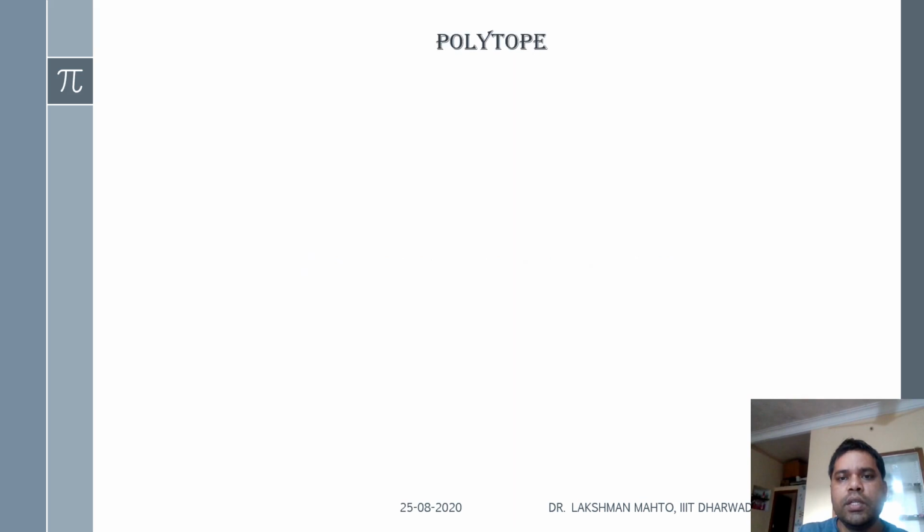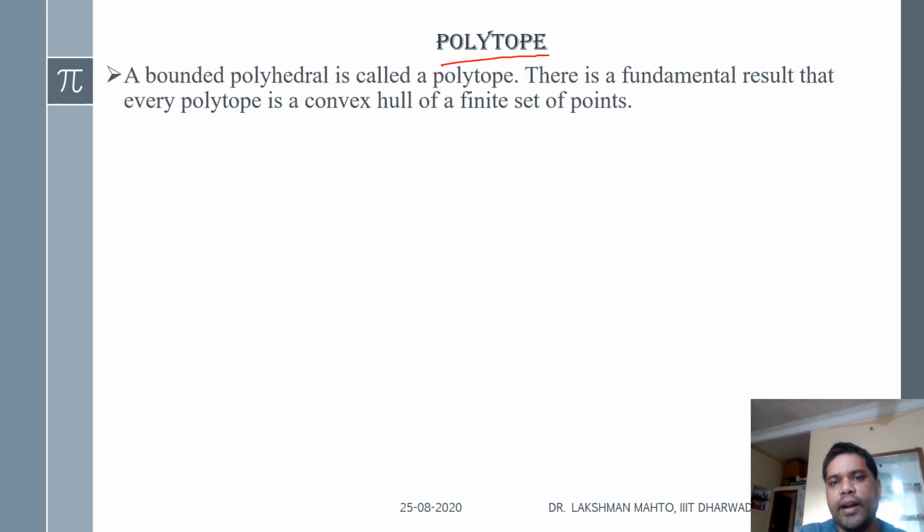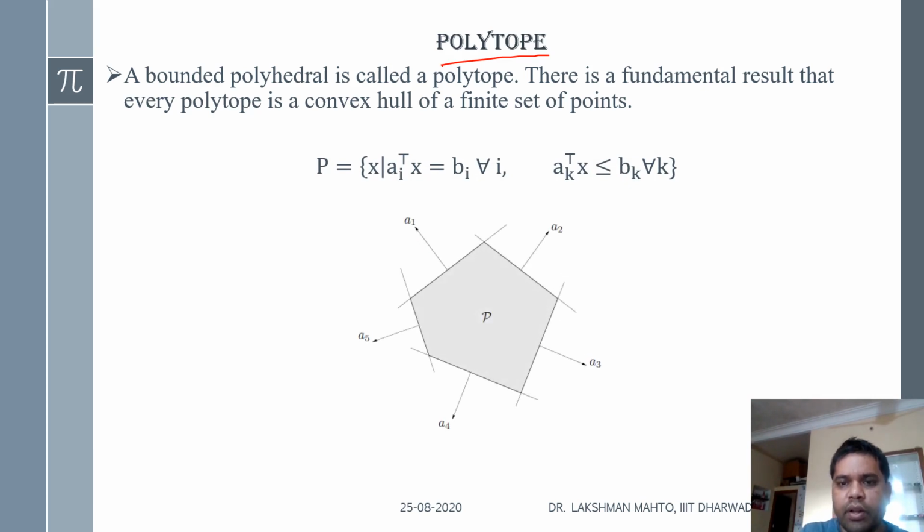It is a bounded polyhedral: by intersecting a finite number of half spaces, you get a bounded polyhedral structure. Another definition is that a polytope is a convex hull of a finite number of points.